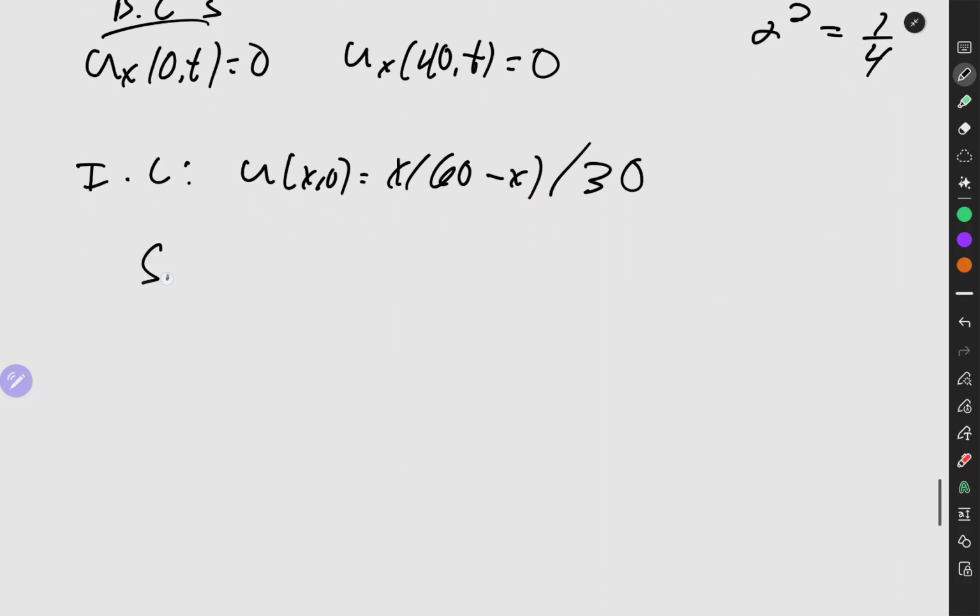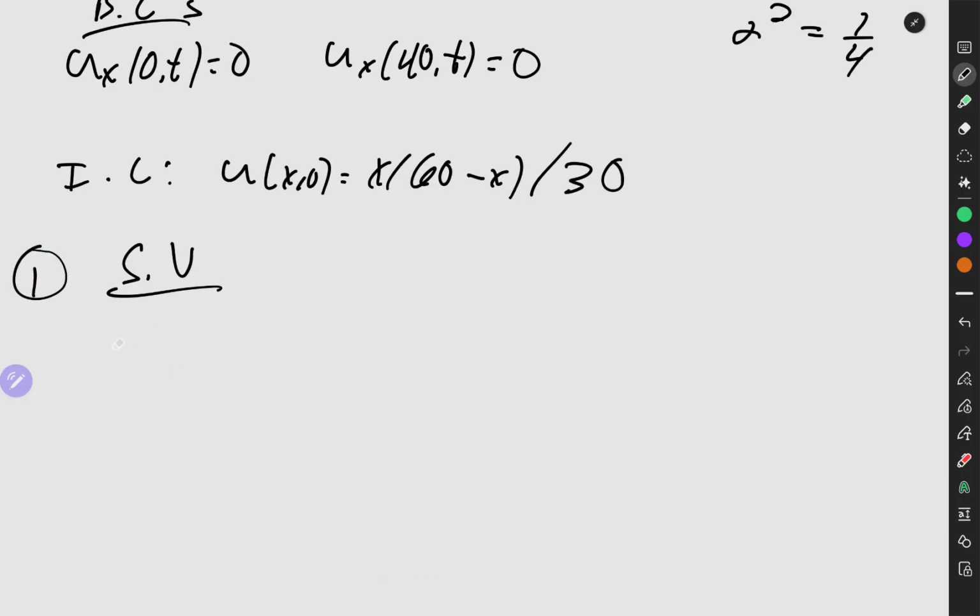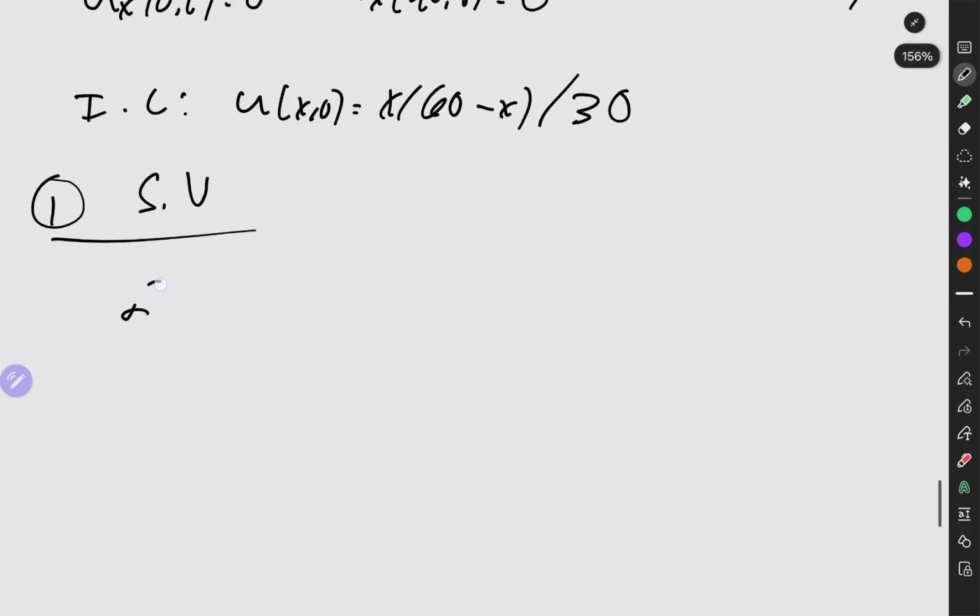So let's go ahead and separate the variables. We know the heat equation is, step 1, alpha squared u_xx equals u_t.